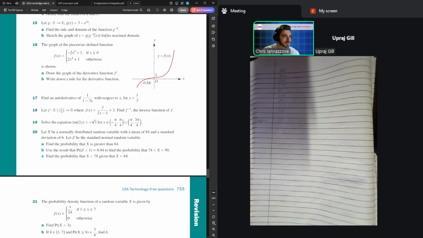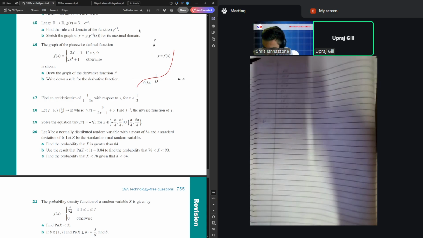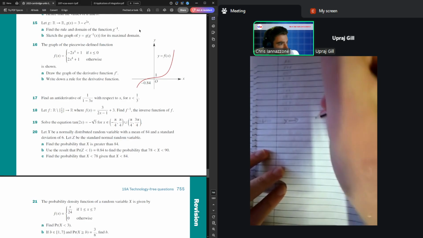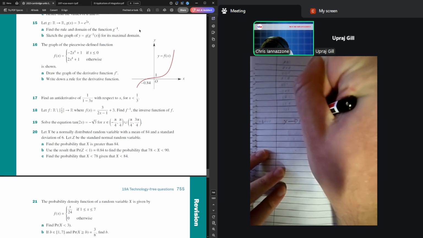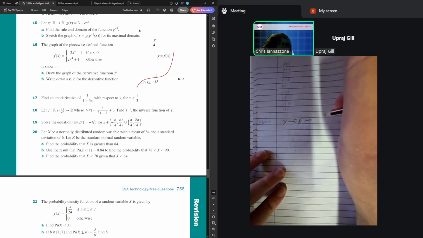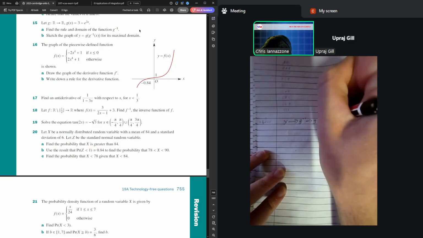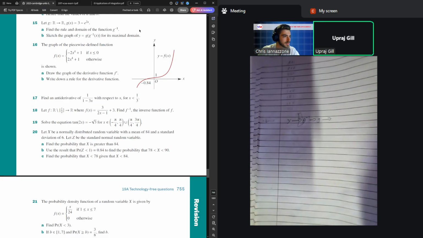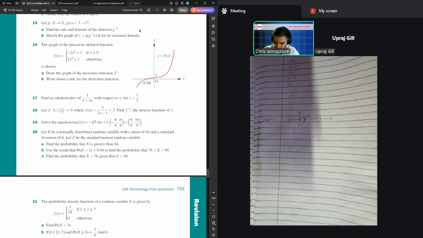So the x is coming from the inner. If I draw this out, you've got your x value, and that gets fed into g inverse, and then whatever comes out of g inverse becomes the x value of g. So the domain is right there. Okay, yeah, cool. Thank you.